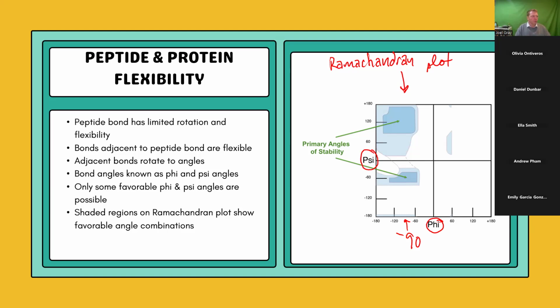I'm not asking you to remember these axes as phi or psi, but if I were to adjust the psi angle to, let's say, negative 90, we're looking at right about there, roughly. So that combination is right about here. This is a rough estimation. So would that produce a favorable angle or would that kind of hurt? That would be an unfavorable bond combination.